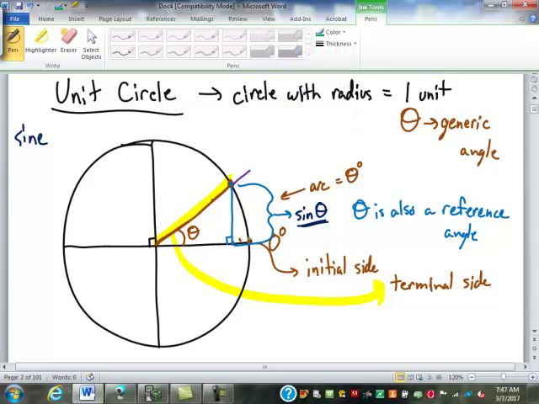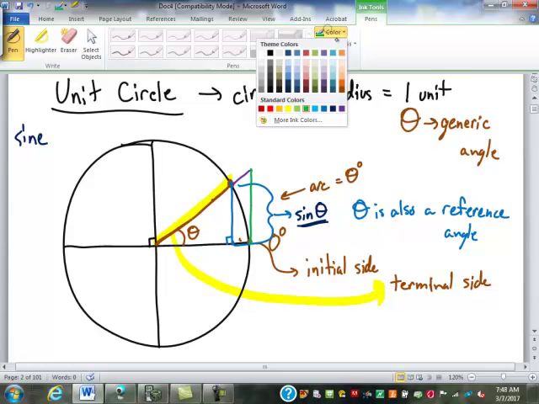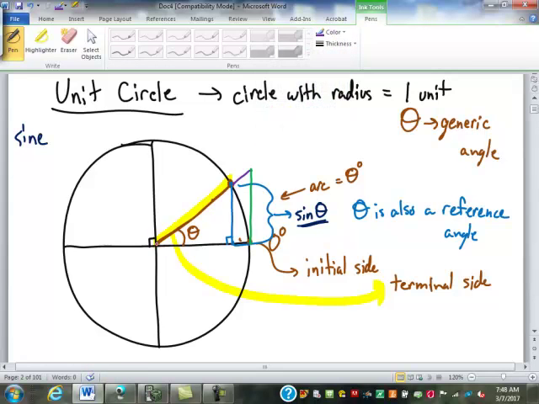Well, we're going to create another feature here that touches the circle at the reference diameter. That's a tangent. Very good. So the distance from the center of the circle to the point where these two intersect out here is the secant of that angle, secant of theta.